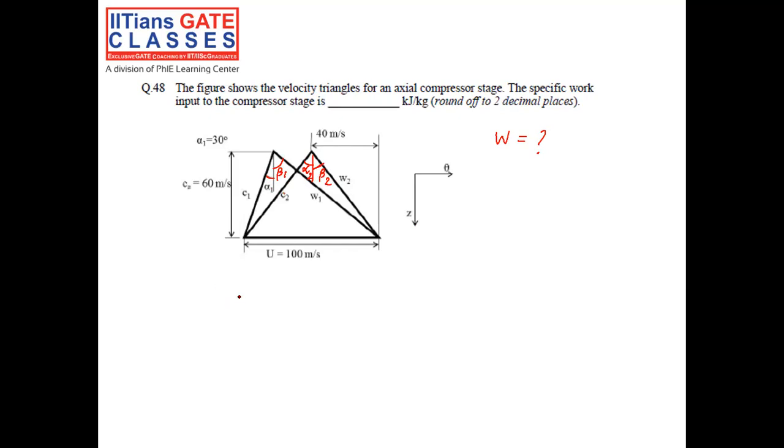Cz is constant throughout the axial compressor, and the work input to the compressor stage is given by U Cz times tan alpha 2 minus tan alpha 1.